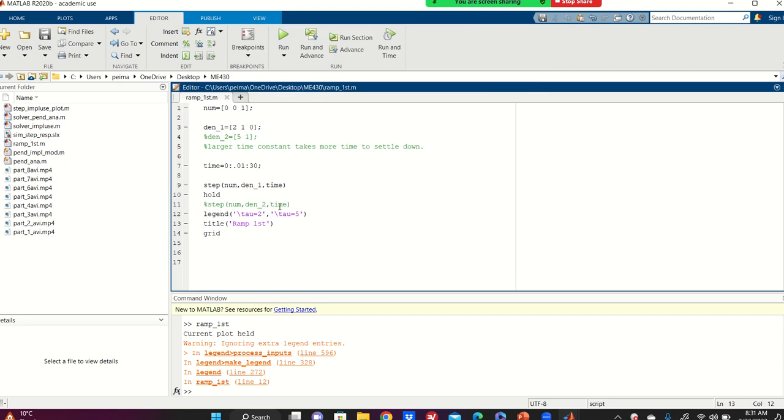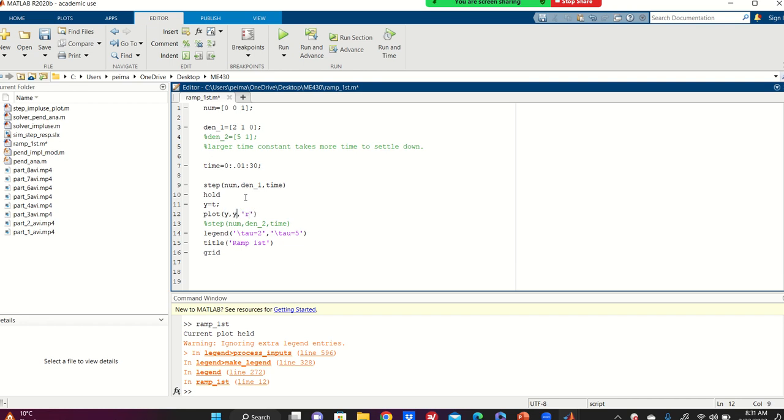So if I want to say hold because I want to compare with the input, you're going to say y equals t. This is the ramp, that's right, from high school, remember? So you're going to say hold, plot time and y in red.